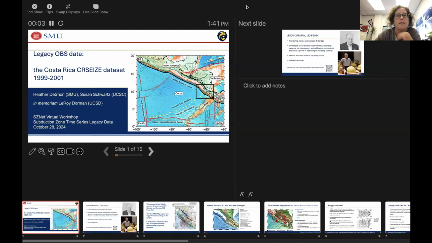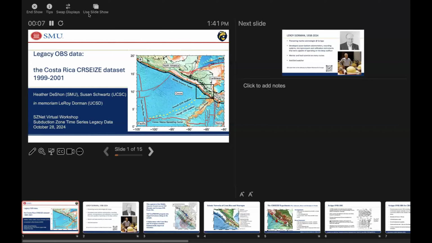We're still seeing the presenter view. Yes, I see that. I'm going to stop share just a second. Sorry, now I've lost my Zoom screen.